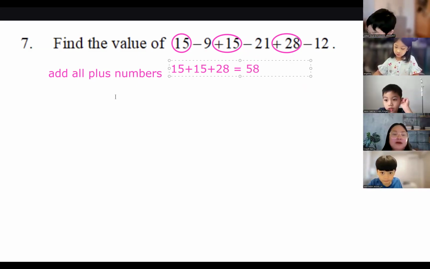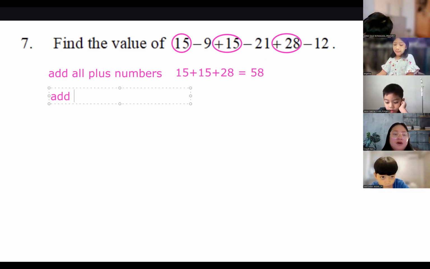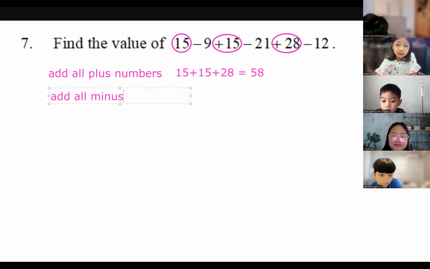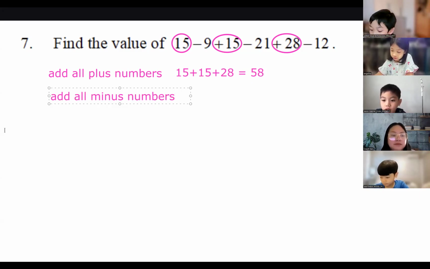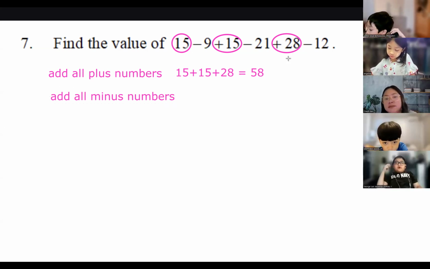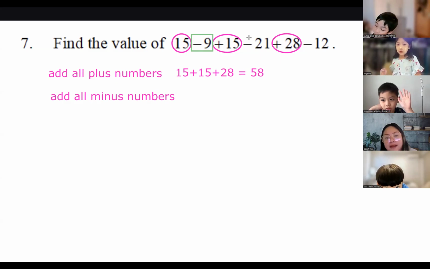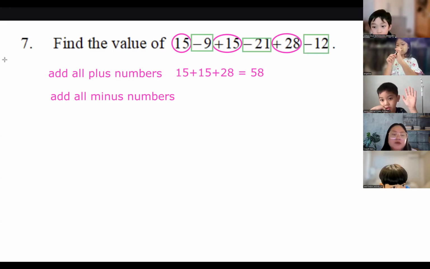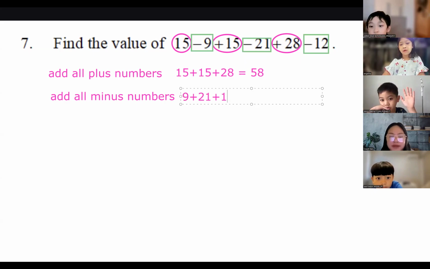Second step, add all the minus numbers, the numbers that have a minus sign before them. You have minus 9, minus 21, and minus 12. If you add them together, 9 plus 21 plus 12, that is equal to 42.